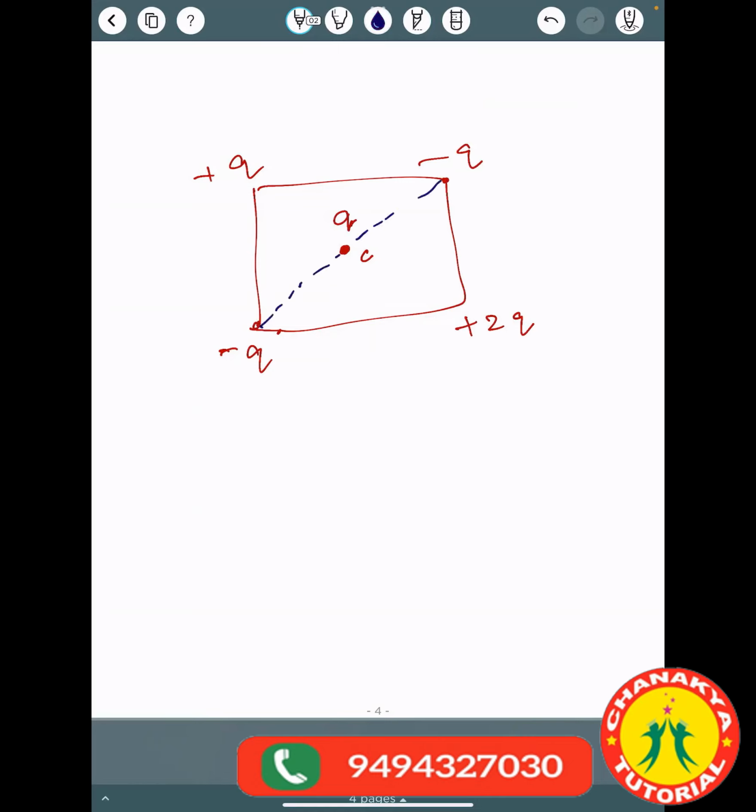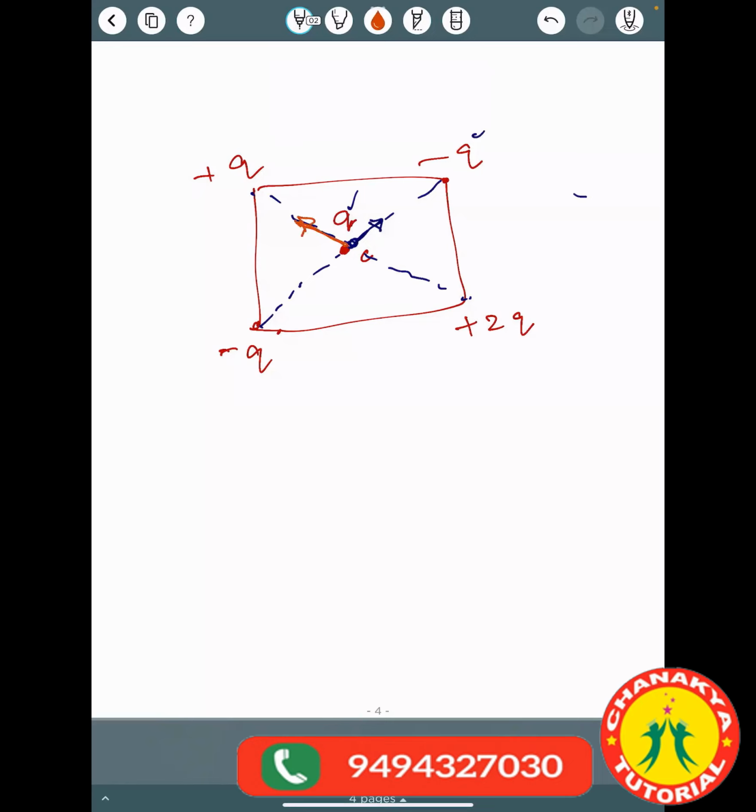Okay, first you join it. Then see this and this are of negative sign, so the force on this will be towards this. Due to plus 2Q and this Q, both are of the same sign, so it will be away from Q, it will try to push the Q, so the direction will be like this, along this line.